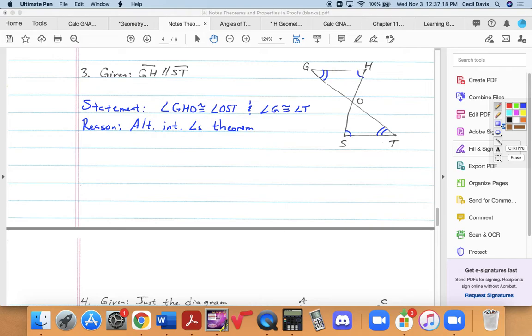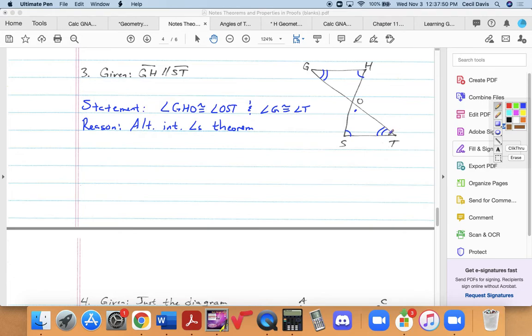No, I put OGH is congruent to TOS. No. TOS has its vertex at O. TOS is this angle right here in the middle. I meant to put OGH is equivalent to OST. No, OST would be over here. Remember, the middle letter has to be the vertex of the angle. So if you're saying OGH, you would say OTS.